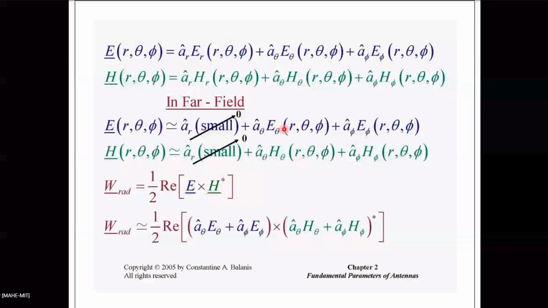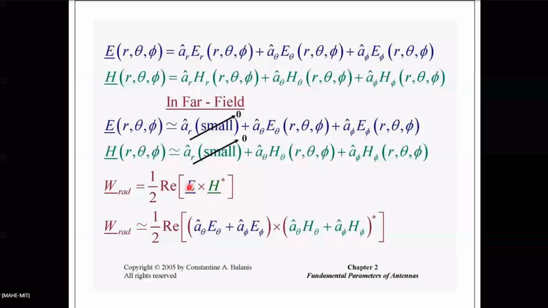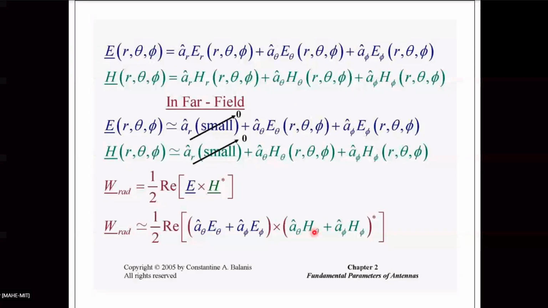So this is the expression. You should have been given this explanation earlier, that's why I had to write the equation. Now it is being given here. So you understand this. W rad is equal to half into the real part of E cross H star, so A theta cap E theta plus A phi cap E phi star into H theta, H phi.